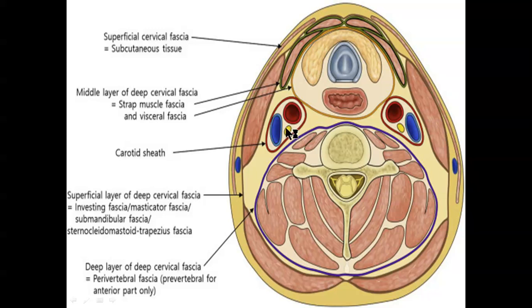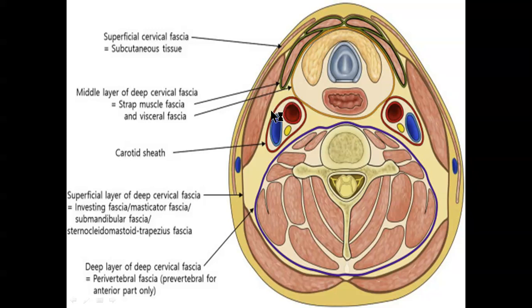This is the vagus nerve. Vagus nerve is located between internal carotid artery and the internal jugular vein, which is a bit posterior. And internal jugular vein is the most lateral structure inside the carotid sheath. Now here would be ansa cervicalis, which we already talked about, whose superior root comes from hypoglossal nerve.